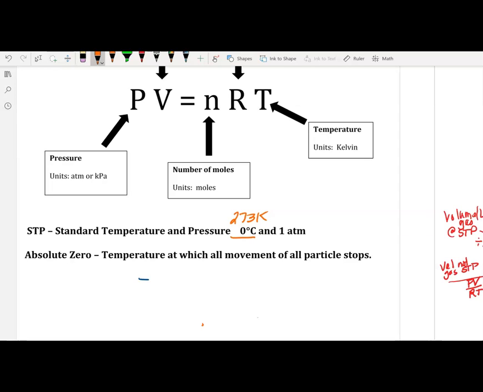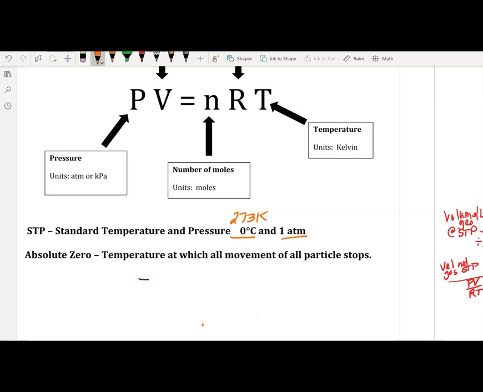And in terms of pressure, the average pressure on the Earth's surface at sea level is 1 atmosphere. So this is standard pressure, 1 atmosphere. If you have a gas at 1 atmosphere and 273 Kelvin, we can find some information out about it.